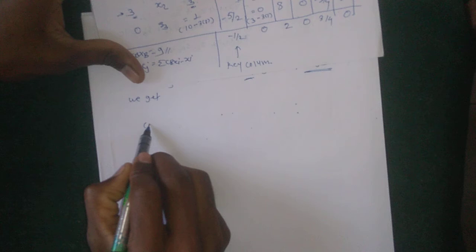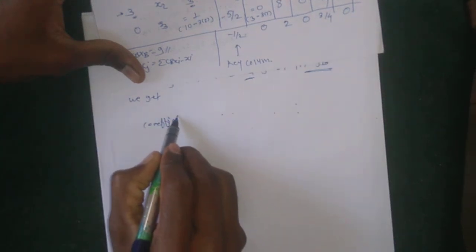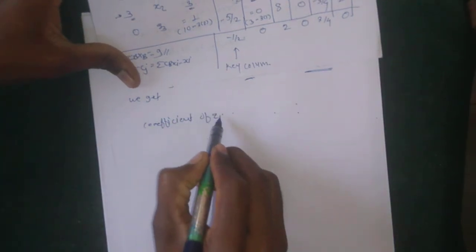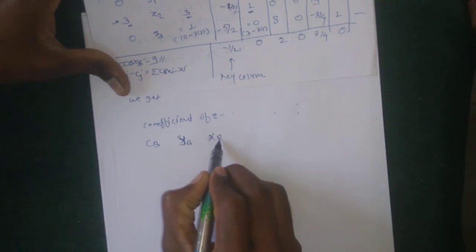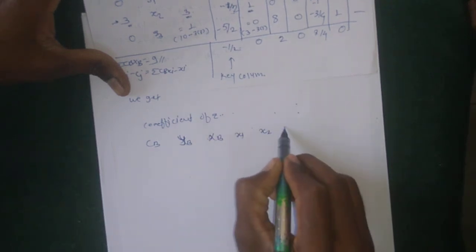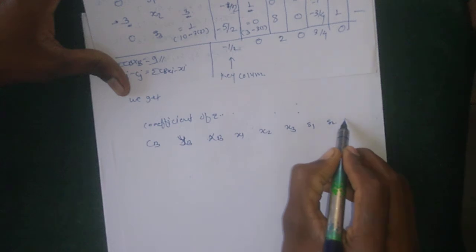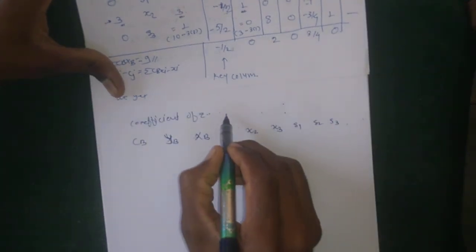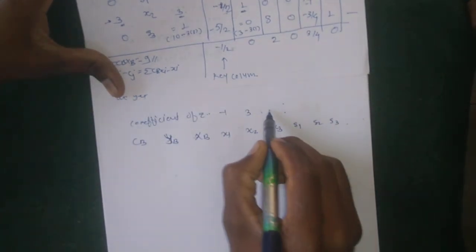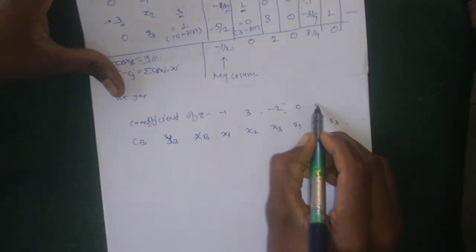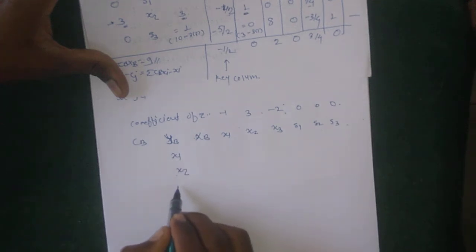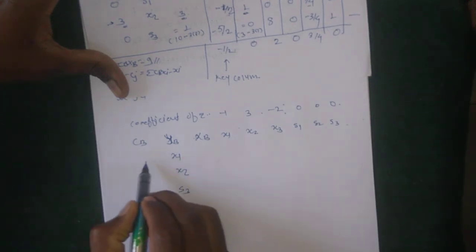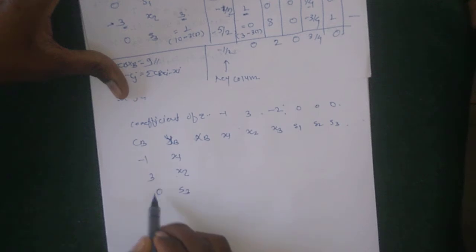firstly the coefficients of z. Then CB, then XB, YB, then x1, x2, x3, s1, s2 and s3. Their coefficients are -1, 3, -2, 0, 0, 0. So for x1, x2 and s3 the coefficients are -1, 3, 0.